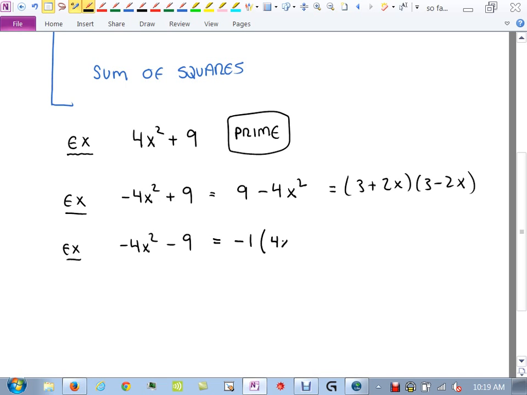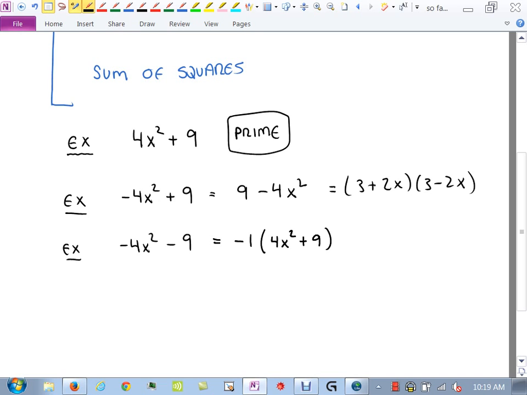I get 4x squared plus 9, wouldn't I? That just goes to show me, to prove to me that that was prime. Because look at this. 4x squared plus 9 is a sum of squares. And you cannot factor that. So the most you could ever do here was take the negative 1 out. But even then, you can't go anywhere with that.